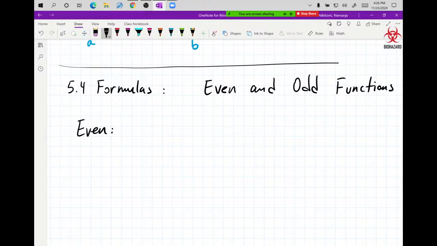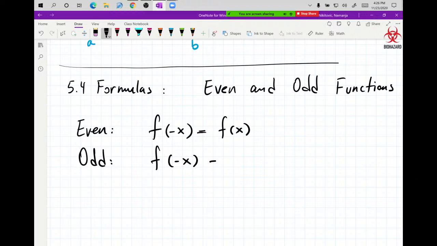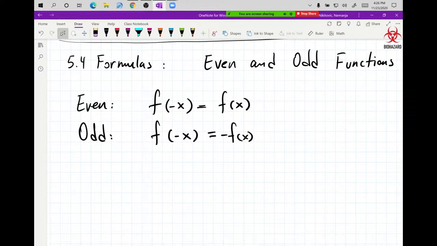So a function is even if there is this rule satisfied, and a function is odd if this other rule is satisfied. So those are the two rules that we have.